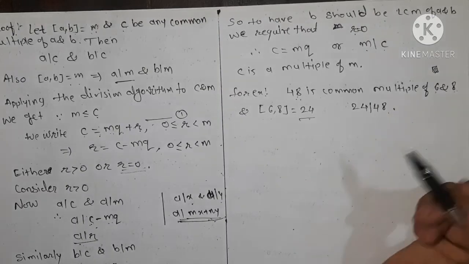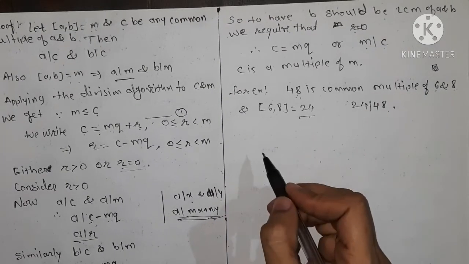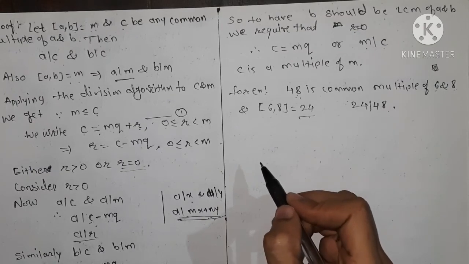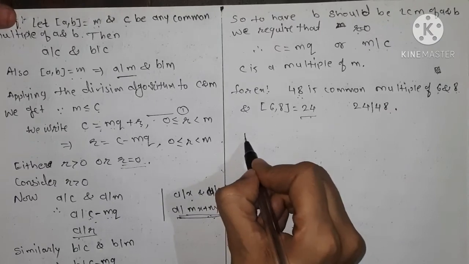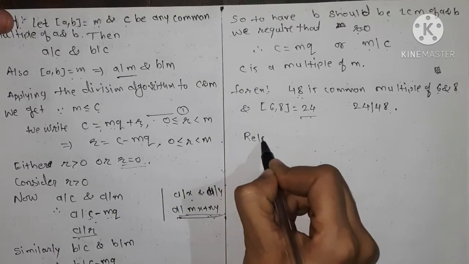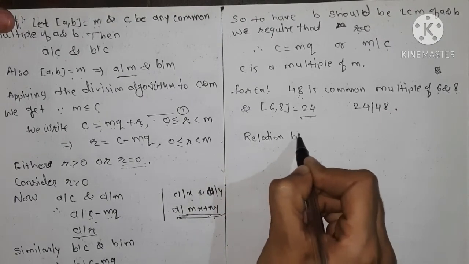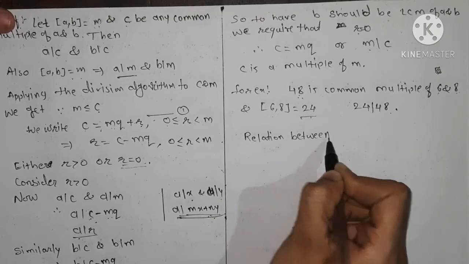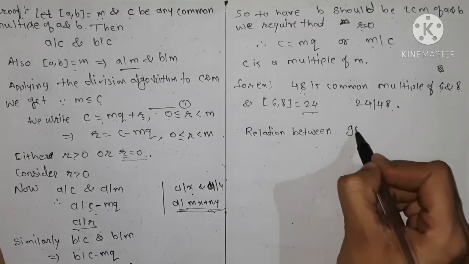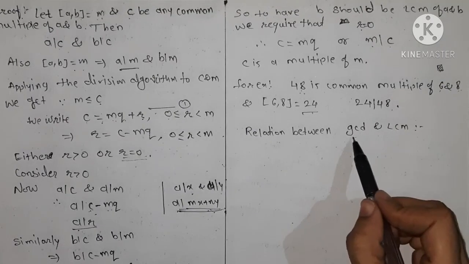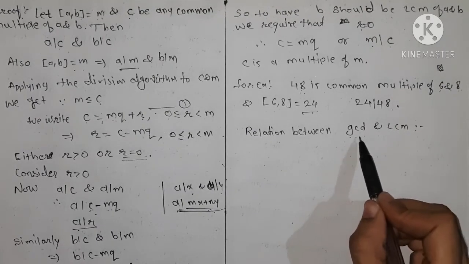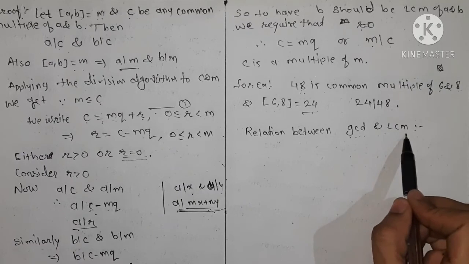Okay. Now we see the next property of the LCM, the relation between GCD and LCM. That is, if we know the greatest common divisor, then we can find the LCM.